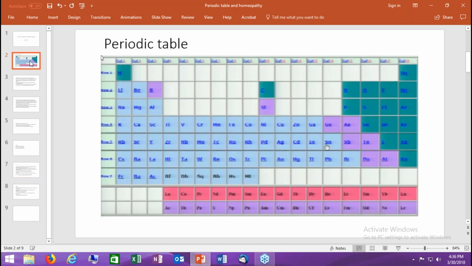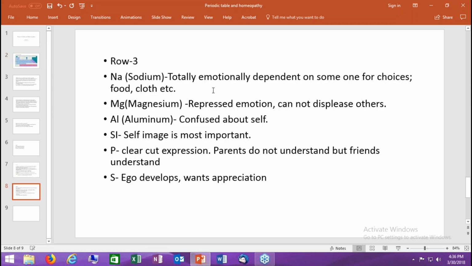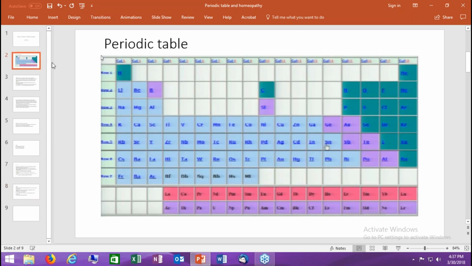This is about the row 2. Now coming to row 3, sodium. Sodium is again totally emotionally dependent, just like lithium, totally dependent upon another personality, including the choices, the food, what I will eat, the clothes, what I will wear, the place where I will go, the shoes, the color of the nail paint, what I will use.